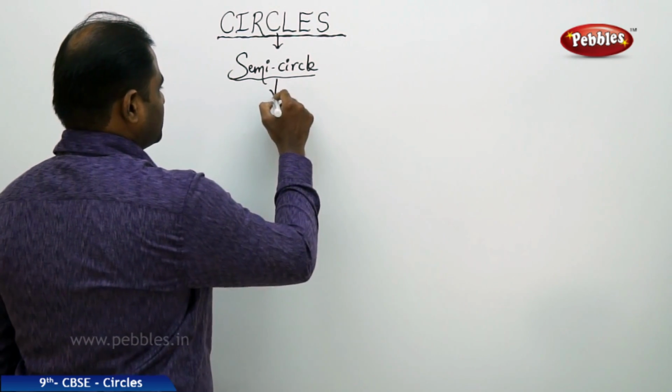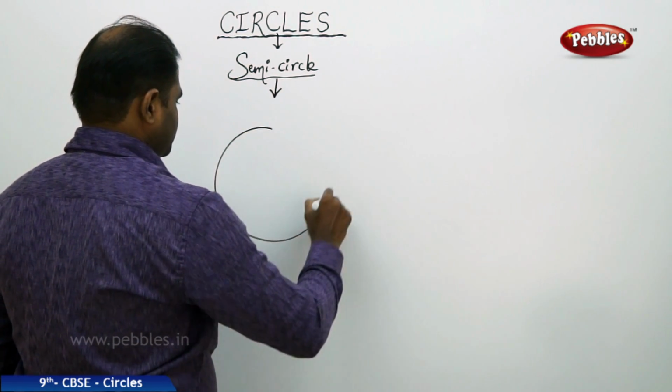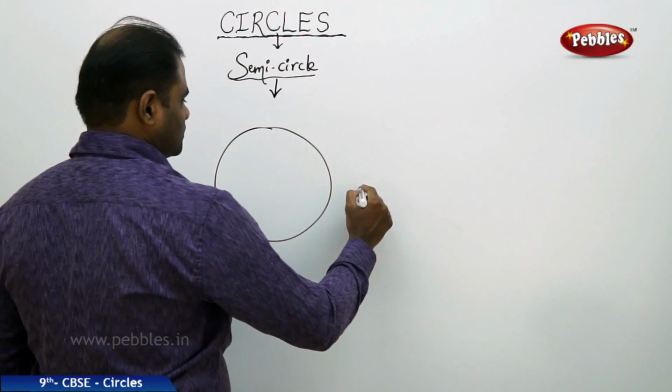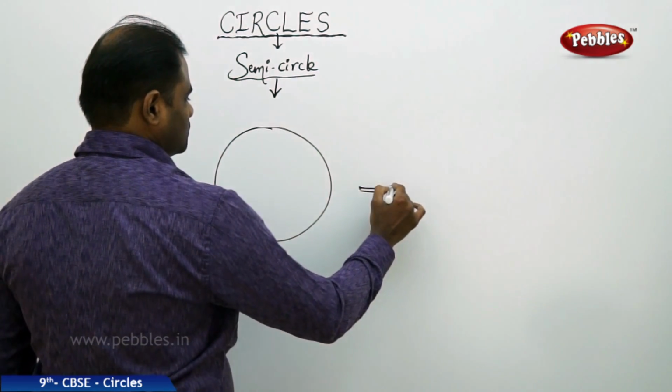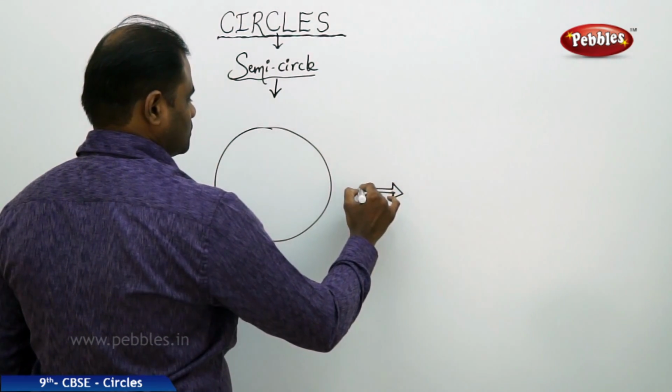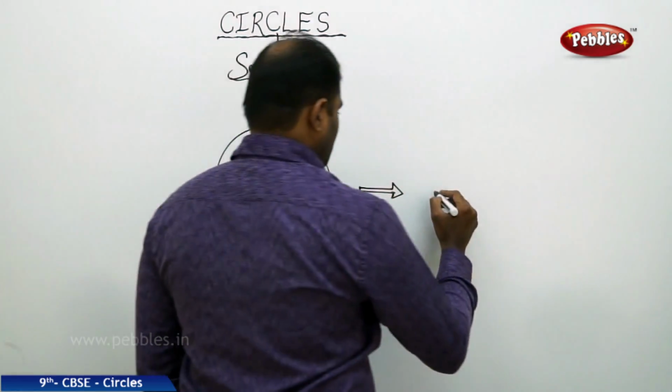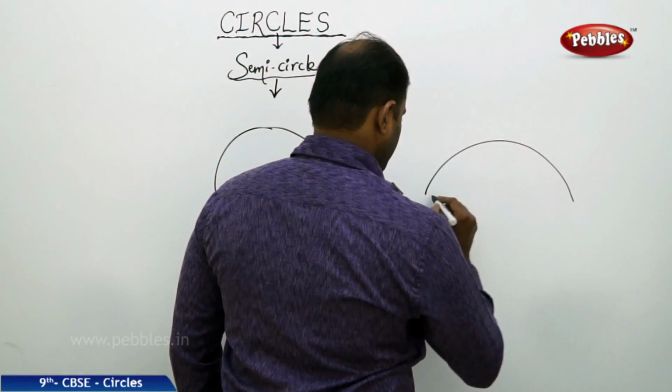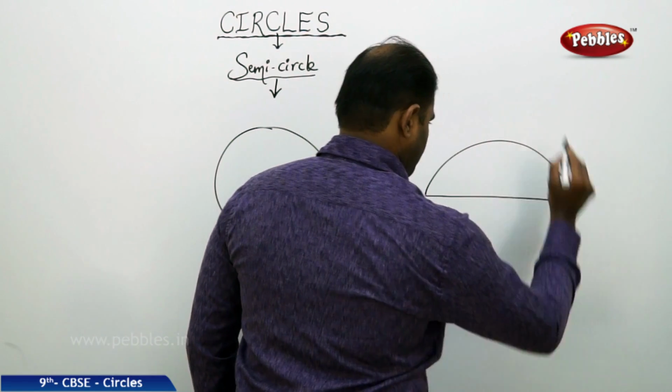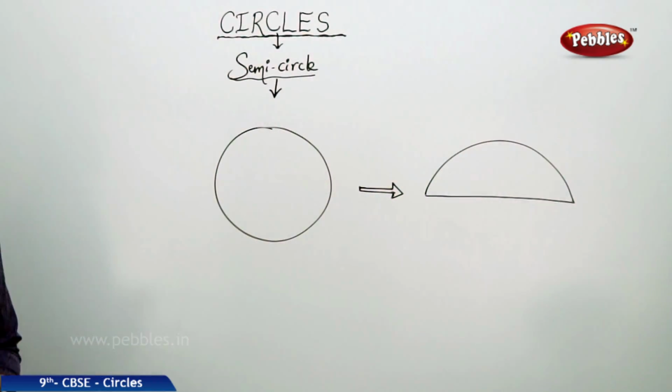Therefore, if I take a circle, then half of it is a semicircle.